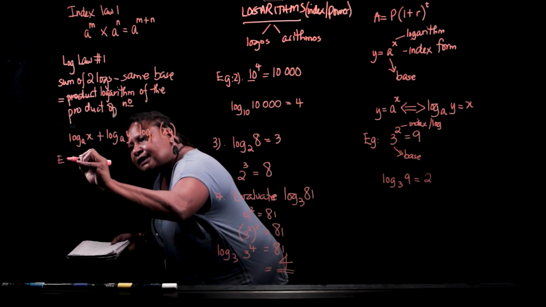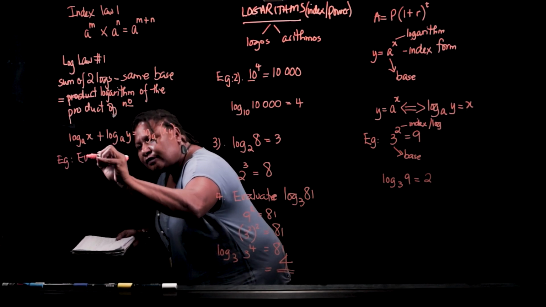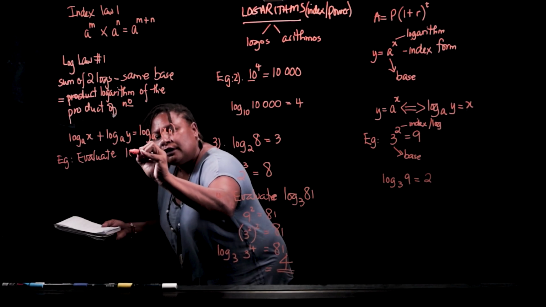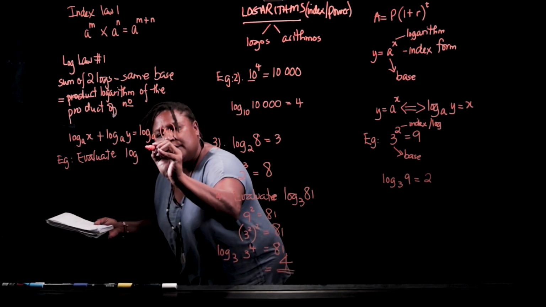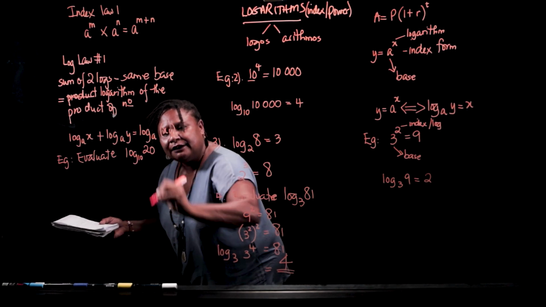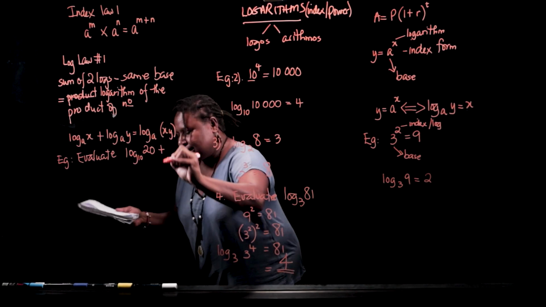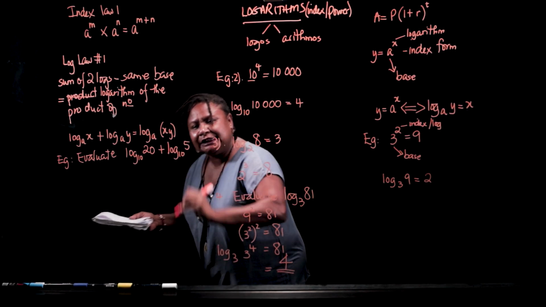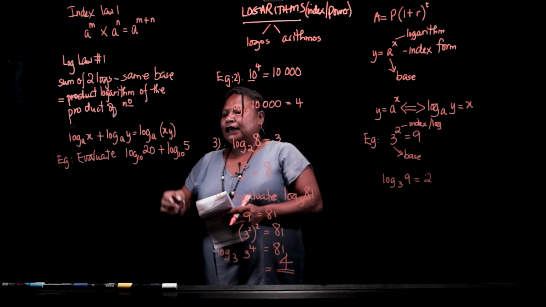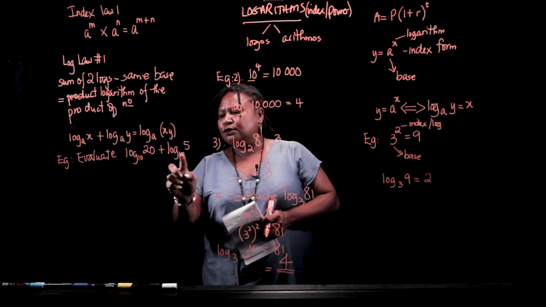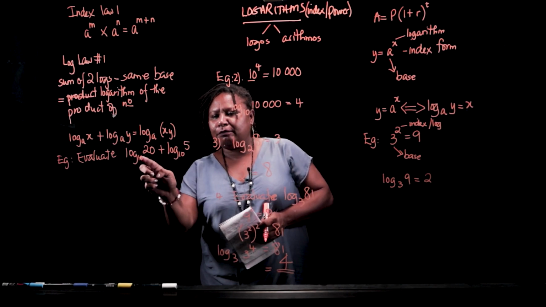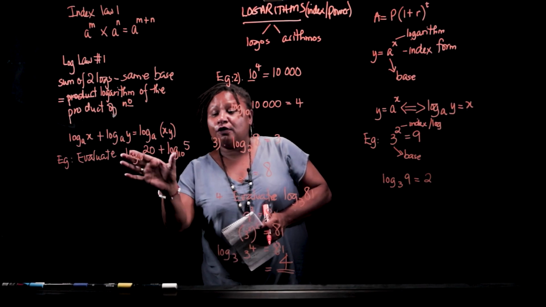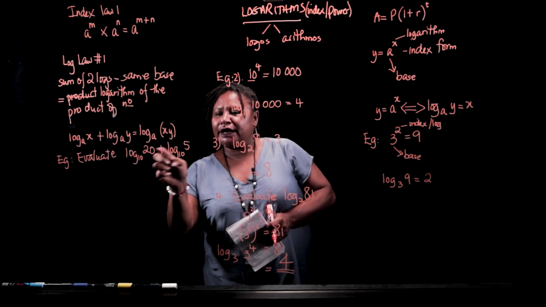We have the next example. Evaluate log 20 to base 10 plus log 5 to base 10. You can see we are adding two logs and the base is the same. So when we add the logs, we are going to multiply the two numbers.